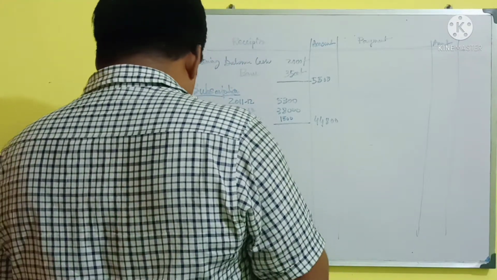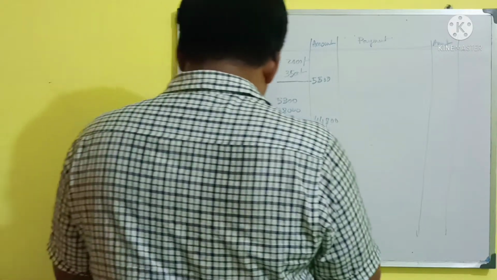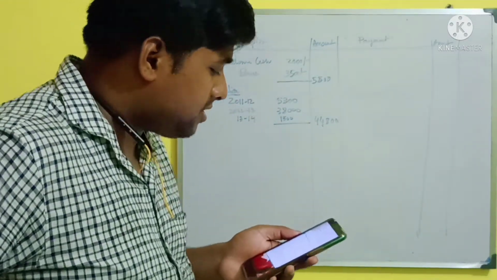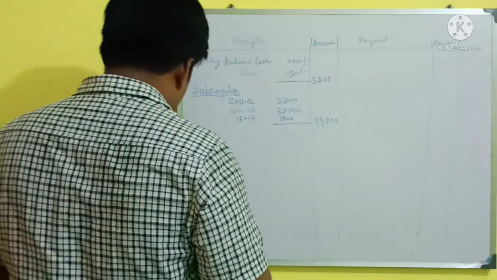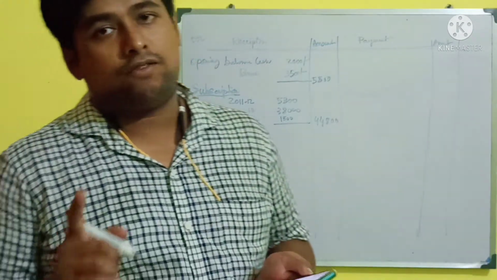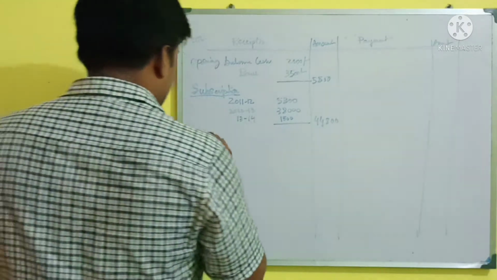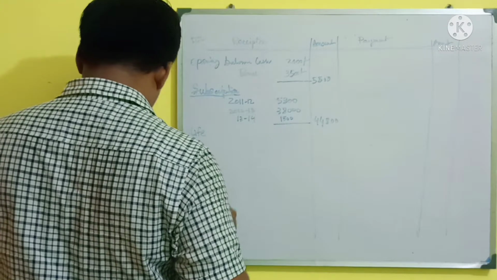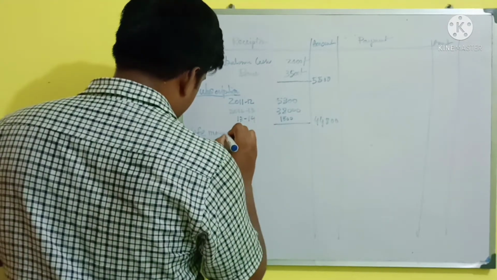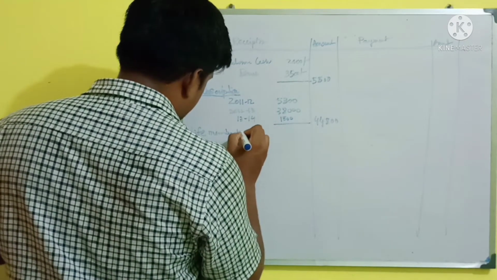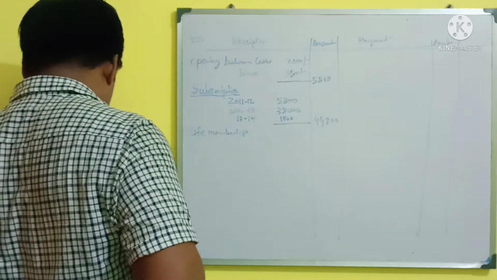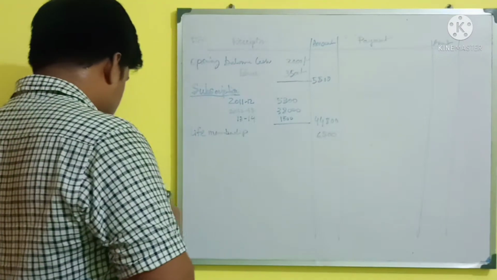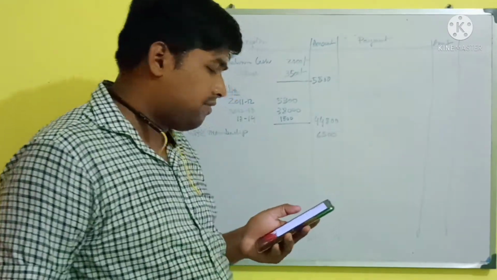Now the next condition is showing that the club received life membership fees of rupees 6,500. It is also a receipt for the club. We have to write it down here. Rupees 6,500. And the donation is showing 4,800.